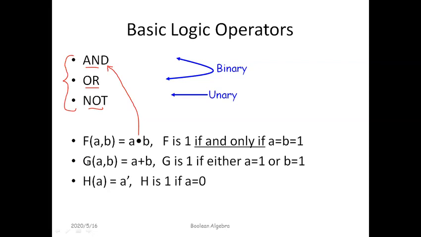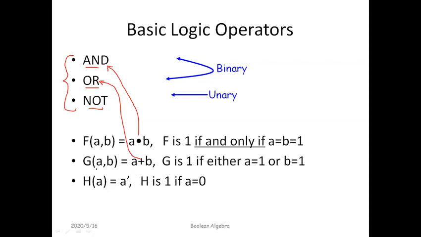Then we move to g. The function g, where the variables are a and b, is equal to a plus b. So the plus in this expression represents OR. So a plus b means OR.